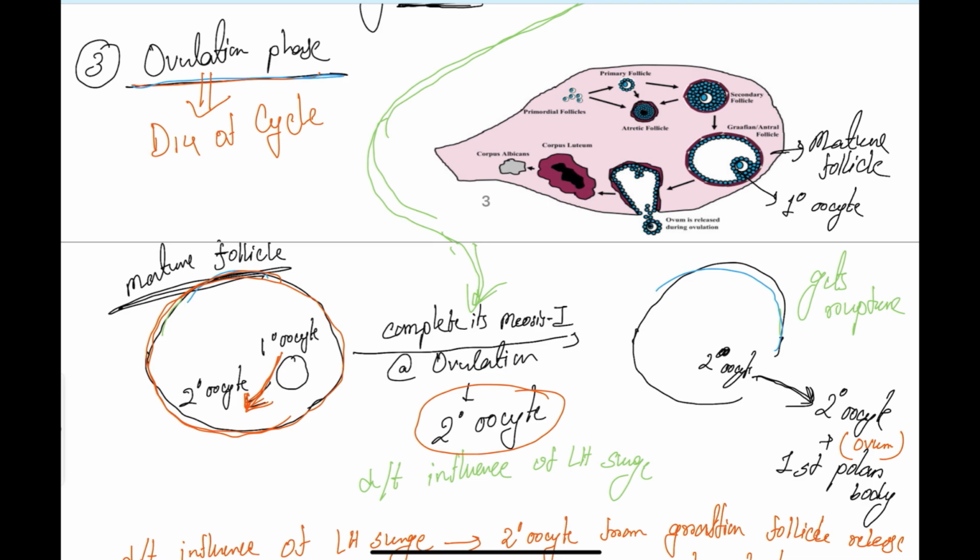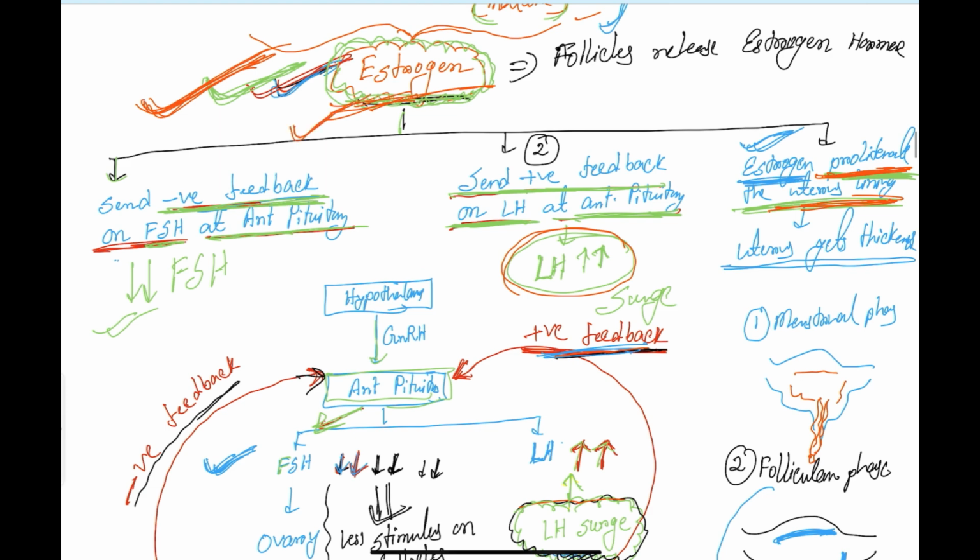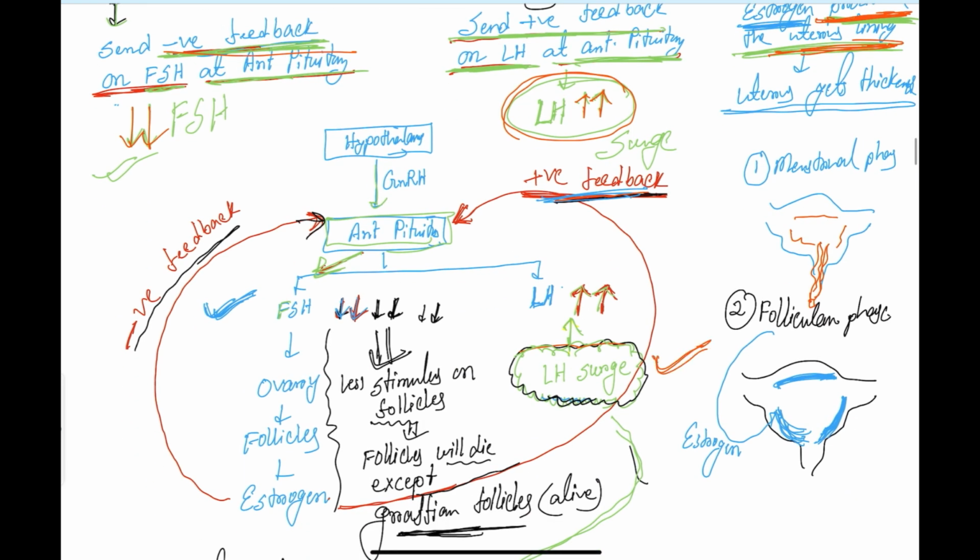This ovulation is due to the LH surge. LH surge occurs due to the positive feedback effect of estrogen on anterior pituitary. At follicular stage, estrogen shows its negative feedback on FSH, as a result FSH decreases. It shows its positive feedback on LH, as a result LH increases and reaches a peak level. We call that peak level the LH surge.